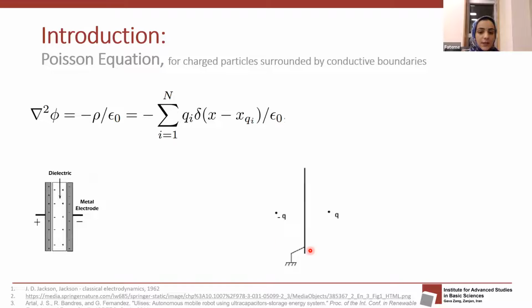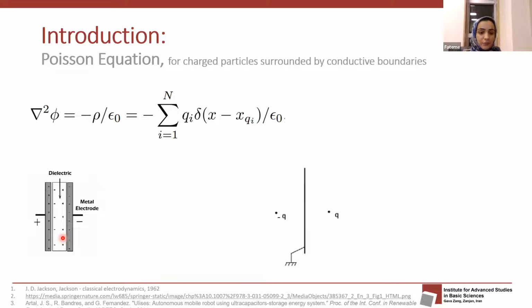But consider if we have lots of charged particles between two parallel conductive walls. What will happen? Because we have two parallel conductive walls, it is exactly like two parallel mirrors, and so we have an infinite series of charged particles.